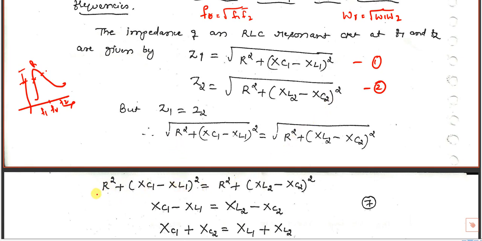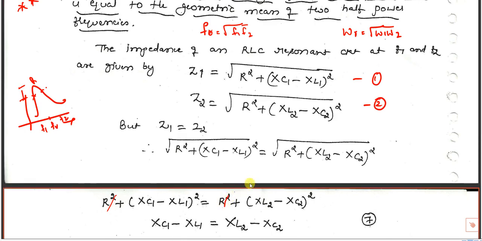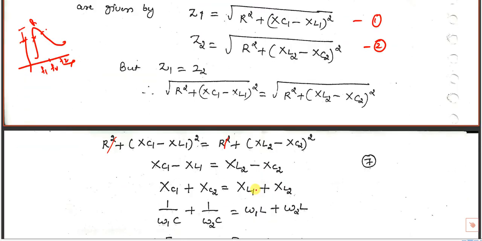If you square both sides, the square root will be removed, and R square cancels on both sides. We are left with Xc1 minus XL1 is equal to XL2 minus Xc2.